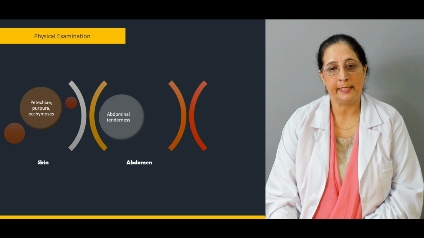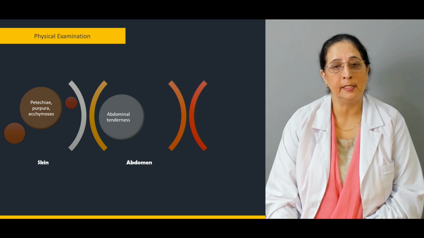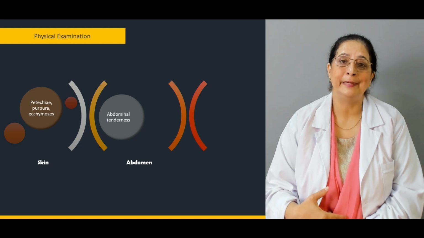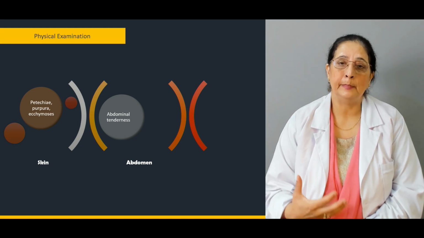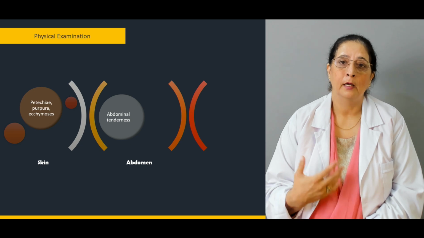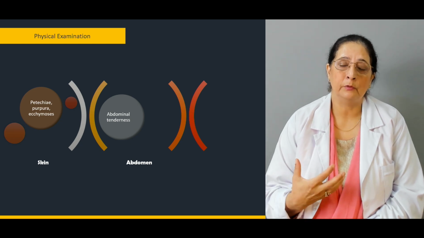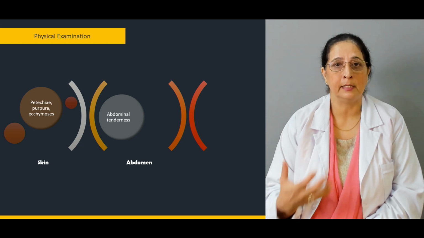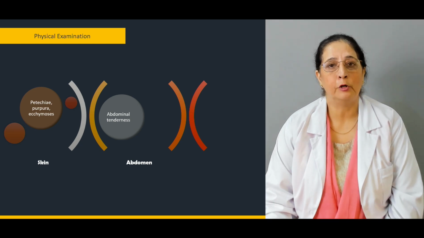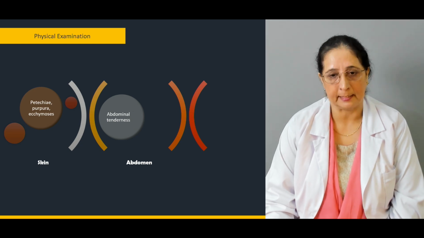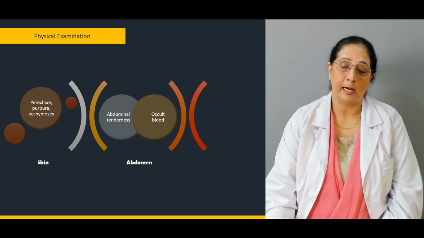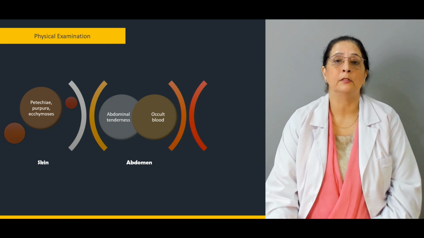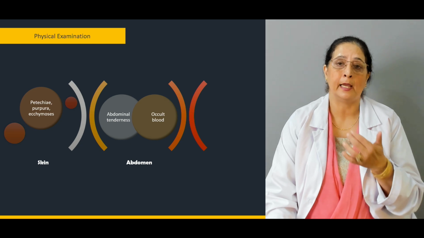What are the findings in the abdomen? Abdominal tenderness, especially if there is intra-abdominal bleeding, internal bleeding due to trauma, due to rupture, due to injury, or maybe just due to decreased platelet levels, there is tenderness. Abdominal tenderness is present. Occult blood. Occult blood is the blood that is lost and is not visible to the naked eye.